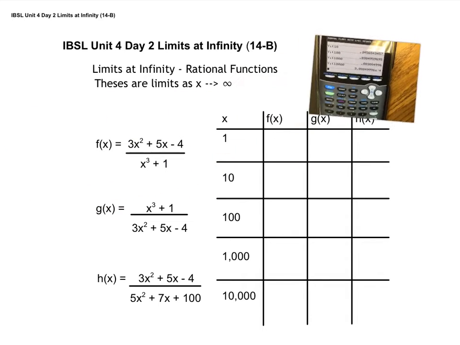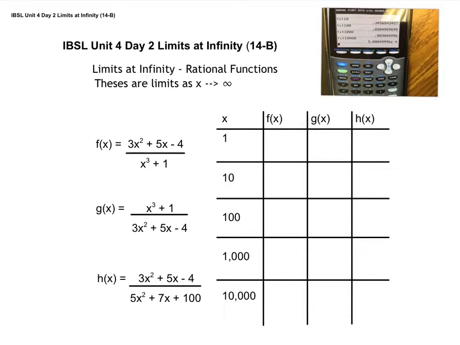Okay, so that is how you can do that on your calculator. So now we can use those values in our table. When we plugged in 1, it was equal to 2. And then when we plugged in 10, it was 0.346, we'll say. When we plug in 100, it's 0.0305. 1,000 was 0.003005.